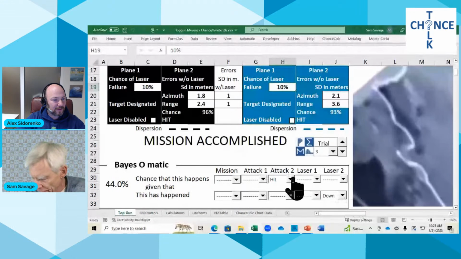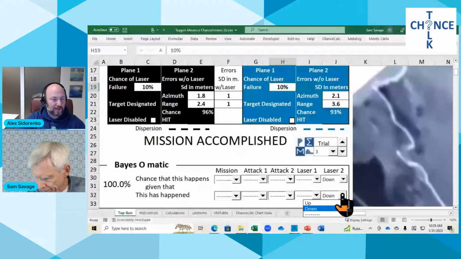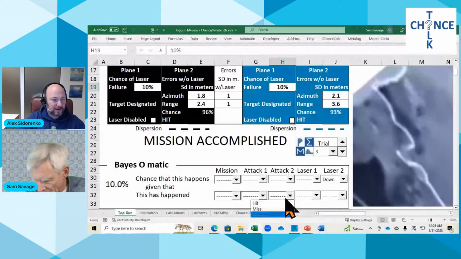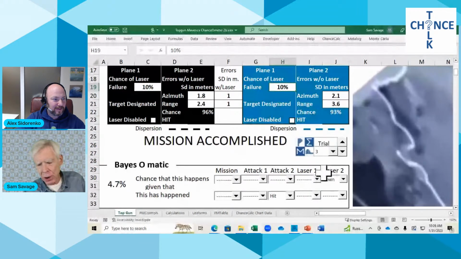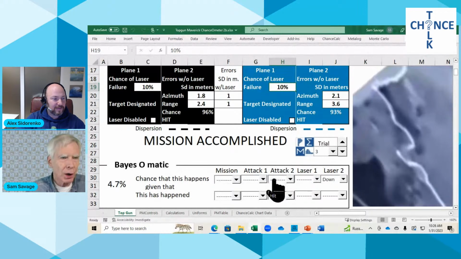And now I'm going to ask: what's the chance that laser 2 was down given that we hit target 2? And that's 4.7%. Wait, why aren't they the same? You're going to see why they're not the same.